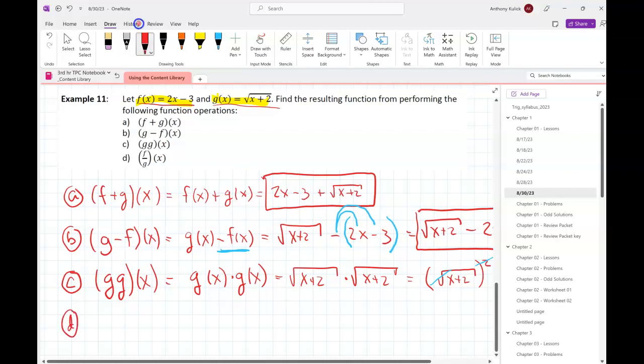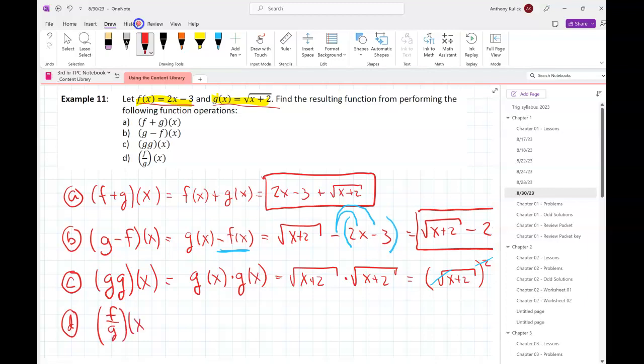All right, let's see. What do we have next? We have f divided by g of x. So again, we'll write f of x over g of x. And we know that f of x is 2x minus 3, and g of x is the square root of x plus 2.